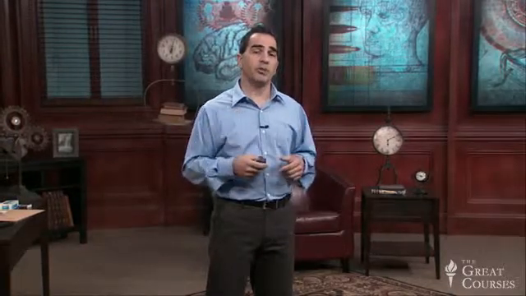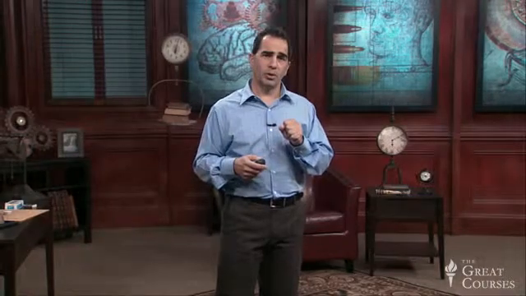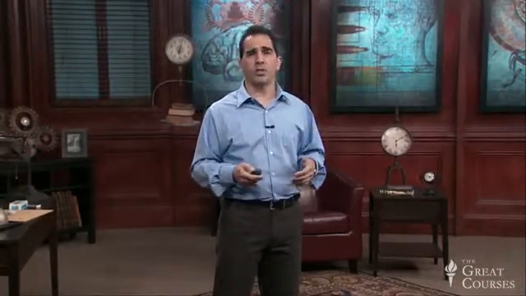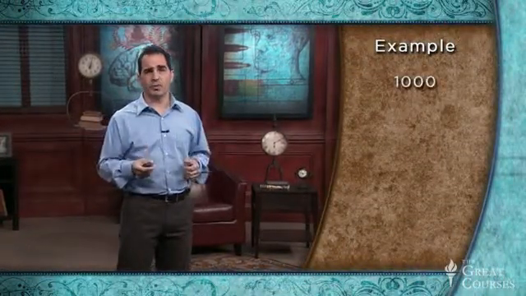So again, here's the exercise. I'm going to bring up a number, and then I'll slowly bring up a series of numbers. As each number appears, you're to think in your mind of the total, the sum. So the first number is 1,000.